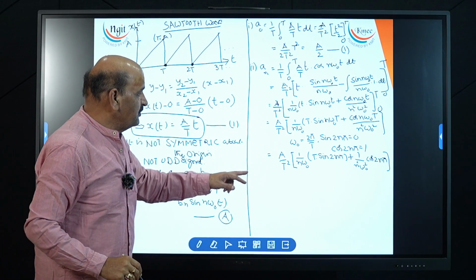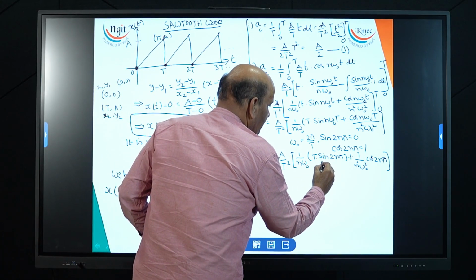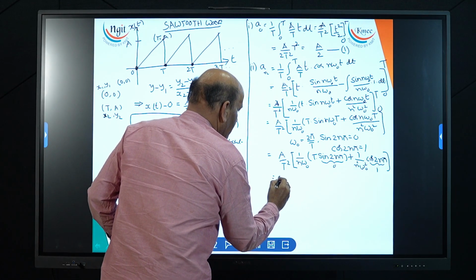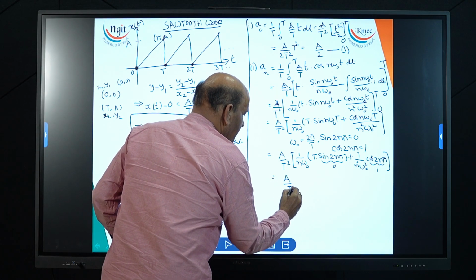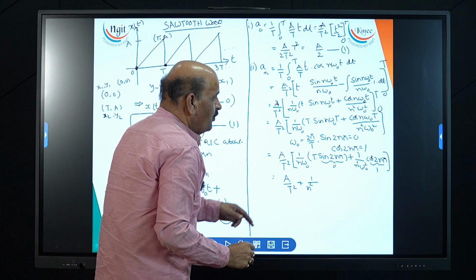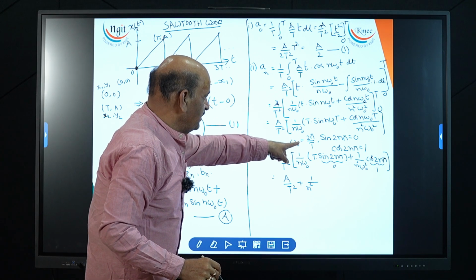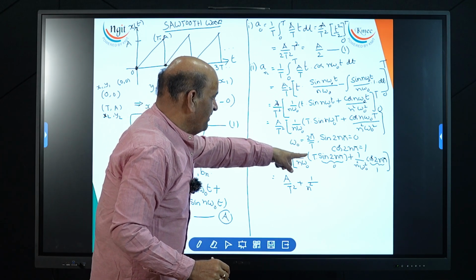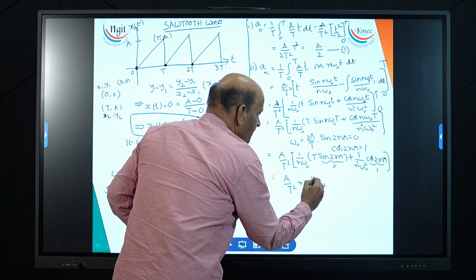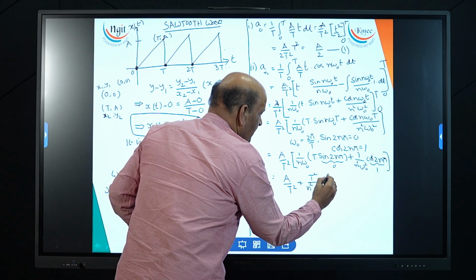So sin 2n pi value equal to 0 and cos 2n pi value equal to 1. So this will become A by T square into 1 by n square omega naught square. Omega naught how much? 2 pi by T. This will become 4 pi square by T square into 1.